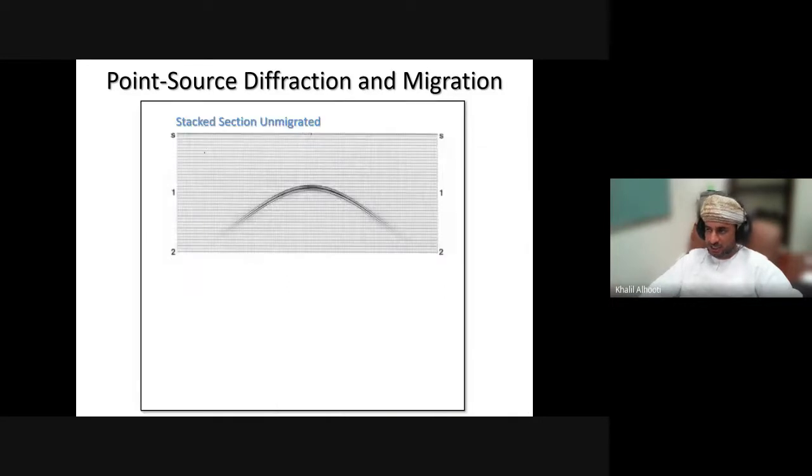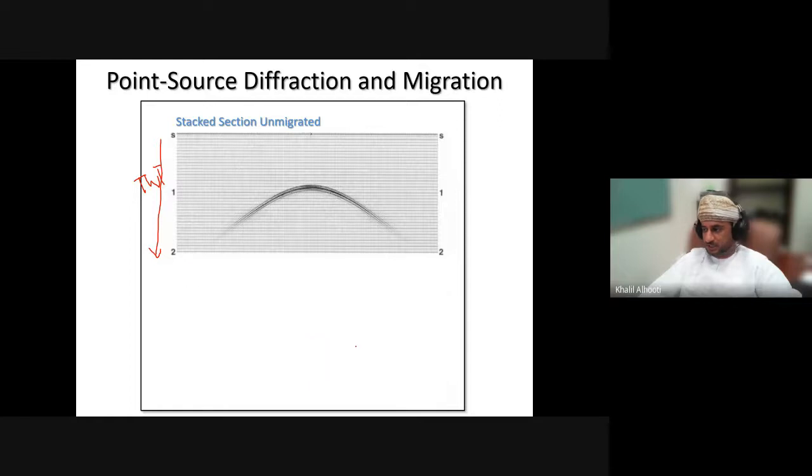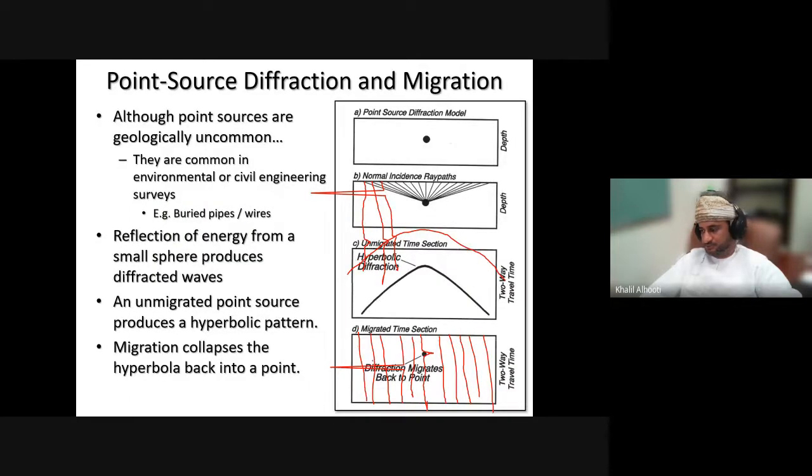So here I have a stacked section. This is the time axis, two-way time. If this is diffracted energy, we apply migration. After migration, that's what you see, similar to what you have seen here.